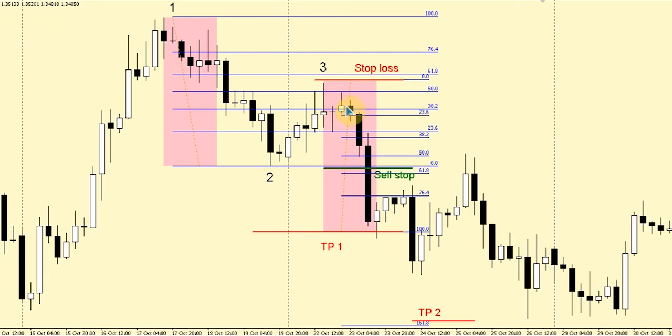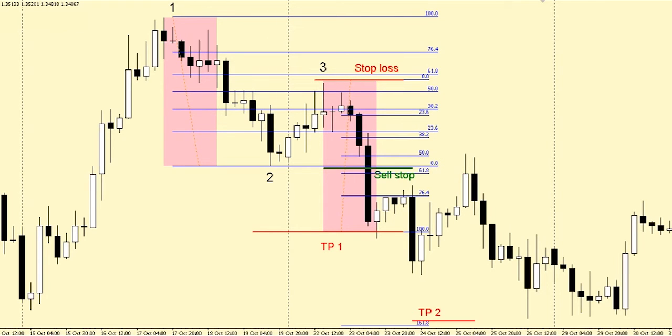Now let's look at an example for making deals to buy. Pay attention, we have a downward movement after which the price forms a minimum. We get the first point, after which the price starts to go up, to the second point.